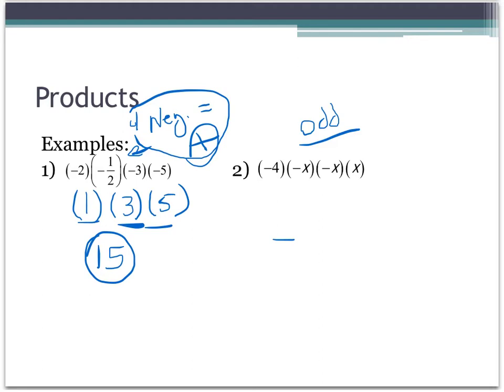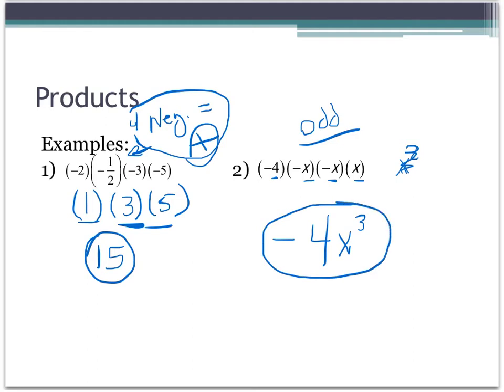Notice here I have a constant term of negative 4, but then I have variable terms. So x times x, since we don't know them, x times x would be x squared. So if I have x times x times x, then that's going to be x cubed. So I'm going to have my variable term as x cubed, and so then I'll deal with negative 4 times x cubed as the most simplified answer possible, and that would be its answer.